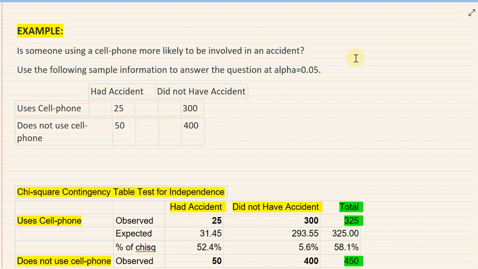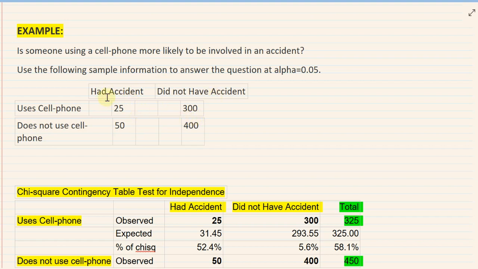In the second example, the question reads, is someone using a cell phone more likely to be involved in an accident? Use the following sample information to answer the question at alpha .05. Our significance level is .05. So here's your contingency table again. We got a 2x2 table, 2 rows, 2 columns.